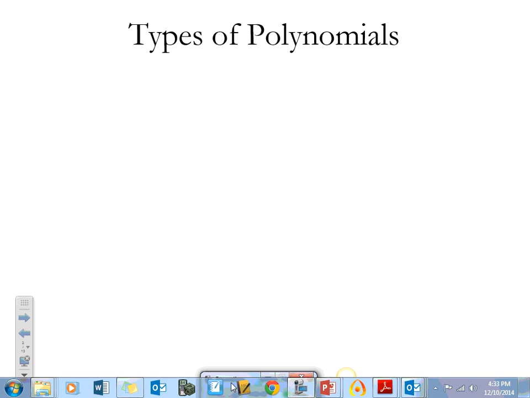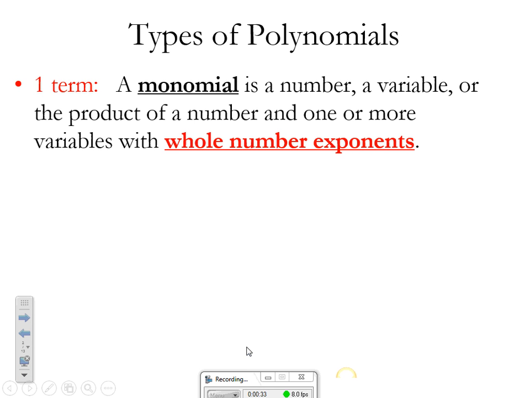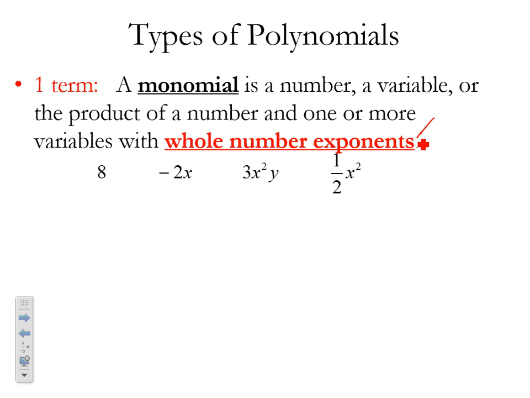So the first type of polynomial is called a monomial. A monomial has one term, and it can be a number, a number and a variable, or a variable alone, but it's basically one term, nothing being added or subtracted to it. Now, in order to be considered a polynomial, you have to have an exponent that is a whole number.